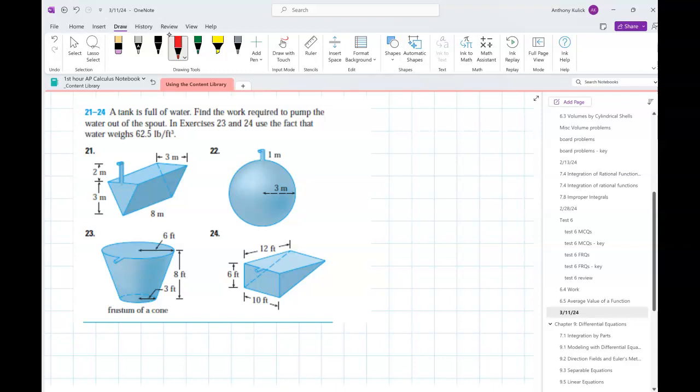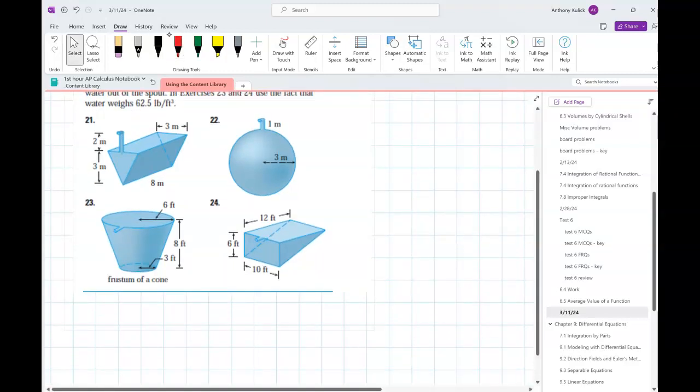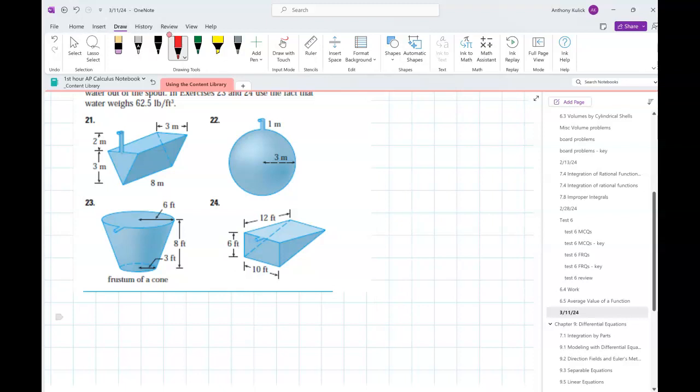So let's see here. I know that the mass of water is going to equal the density times the volume, right?